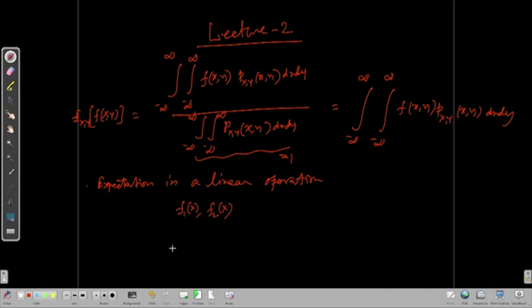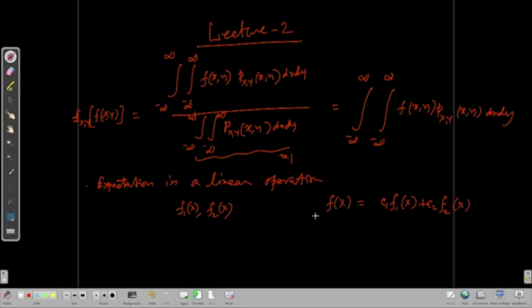Now, if you create a function f x as a linear combination of the two, where C1 and C2 are some scalar real numbers, 2, 3, 4, 5.3, 7.9, anything.